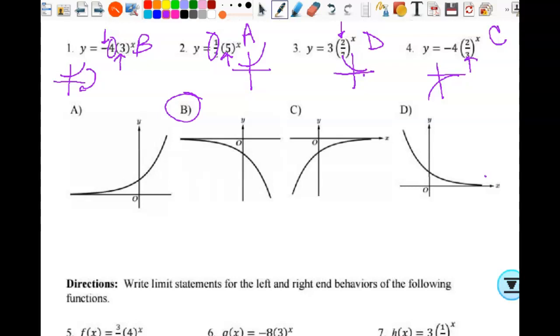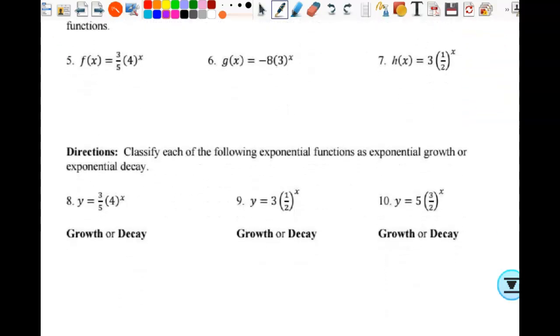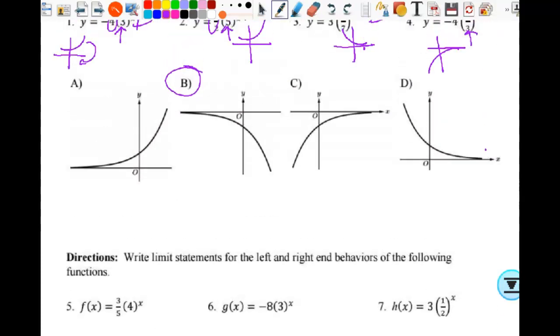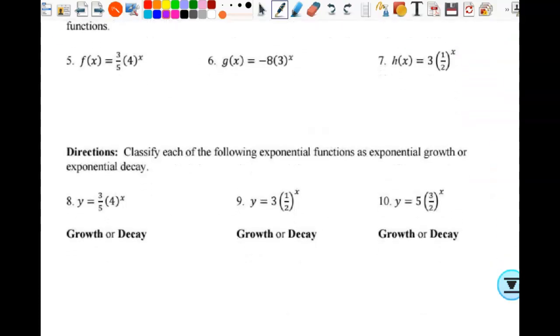Okay, beautiful. All right, now, we're going to write limit statements here, but what I really want you to do before we start is on 5 through 7, I want you to do a little sketch of what it would look like, so it looks like this or like this, okay? Just quick little sketch, draw them out on your table for 5, 6, and 7.